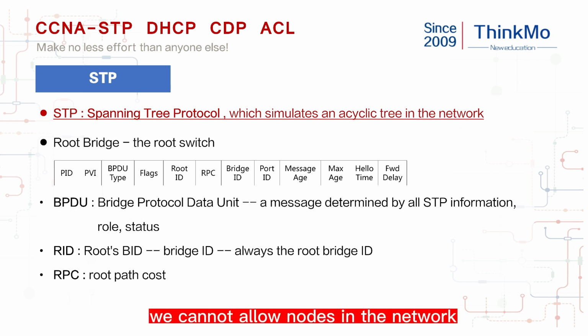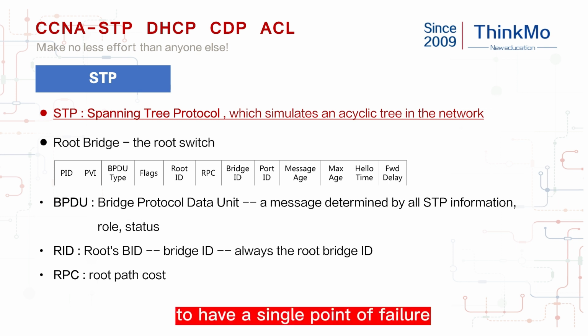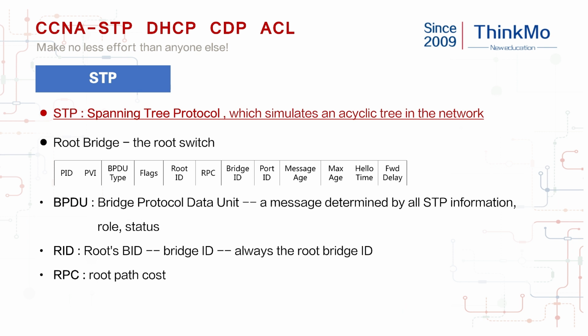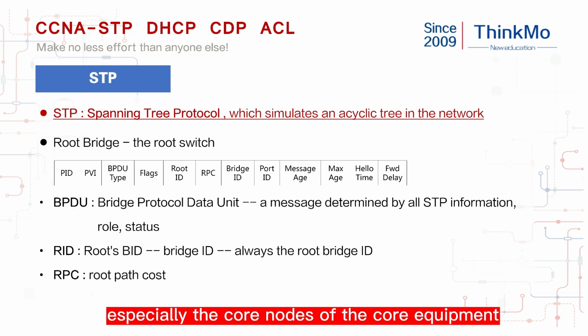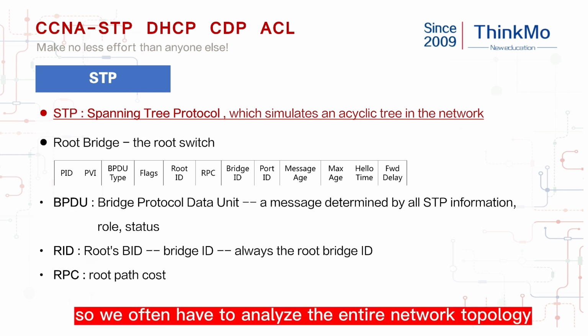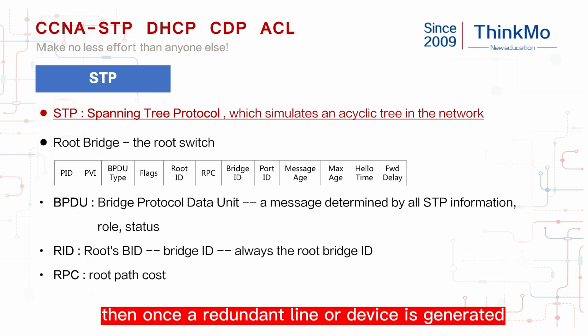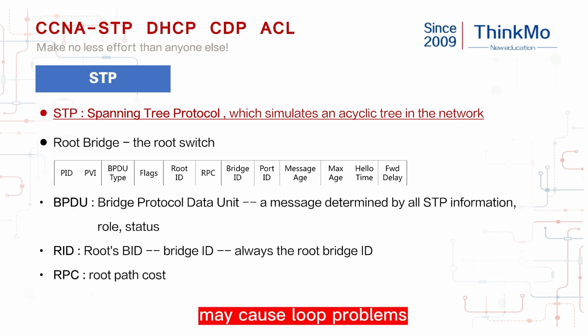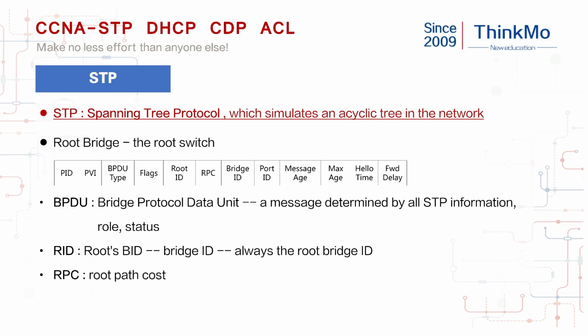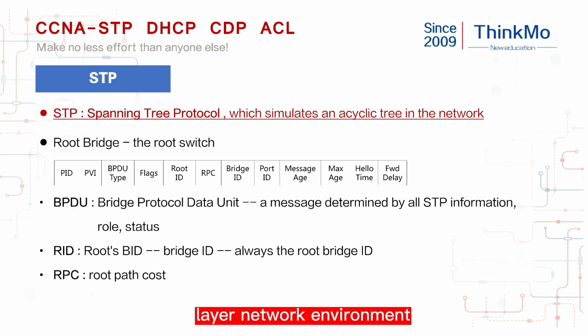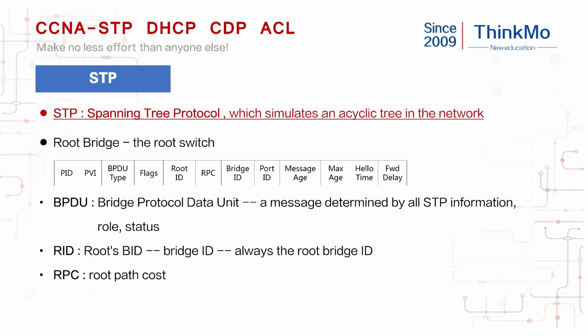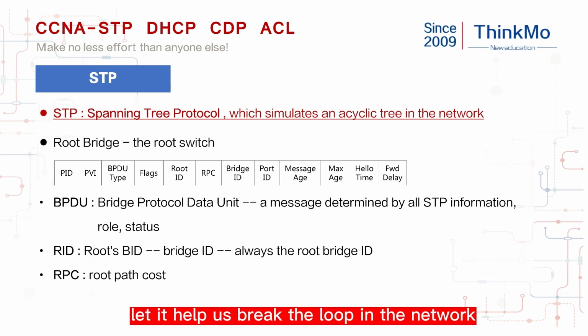We cannot allow nodes in the network to have a single point of failure, especially the core nodes of the core equipment. So we often have to analyze the entire network topology. There are some redundant devices and lines present. Then once a redundant line or device is generated, it may cause loop problems. So we need to be in the second layer network environment to run protocols like STP. Let it help us break the loop in the network.